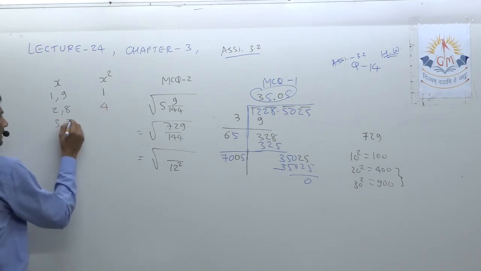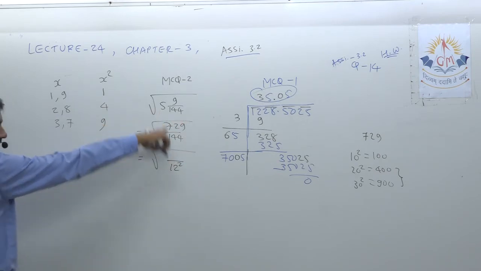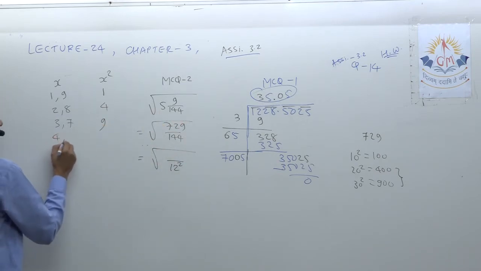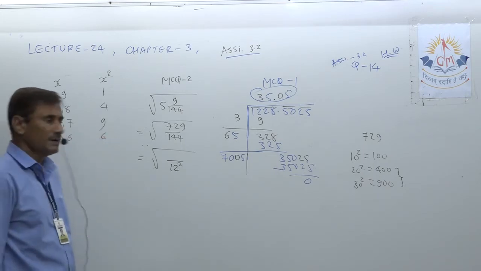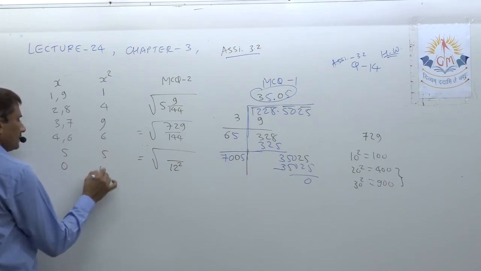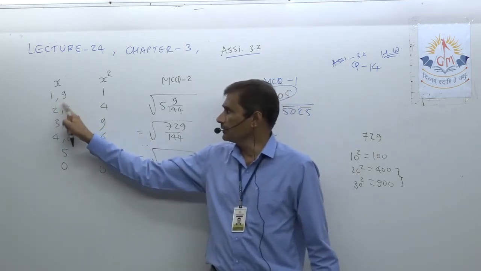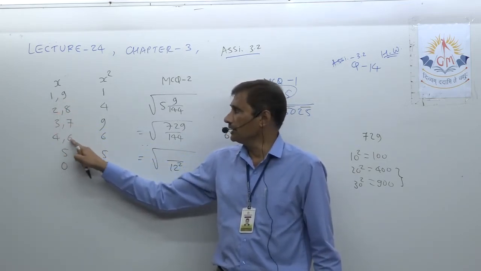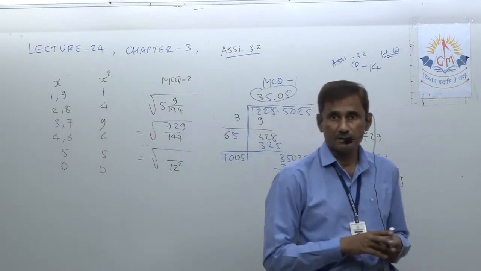If 3 and 7 here, the last digit will be 9. We are talking about that only here. If the last digit is 4 and 6, it will be 6. If the last digit is 5, in the square the last digit is 5. If the last digit is 0, the square also 0. So here remember that pair, and you can somewhat link them also. Total is 10.